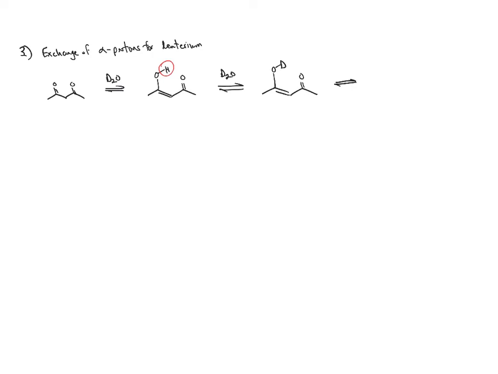And so you're going to replace that hydrogen with a deuterium. This can then tautomerize again to give you the deuterium now on the carbon. You can reestablish again this equilibrium. It tautomerizes to give you another hydrogen on that oxygen.